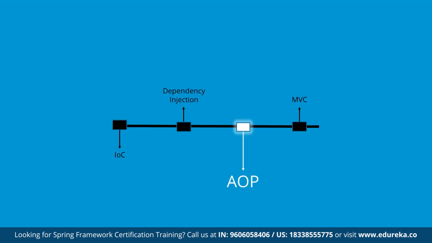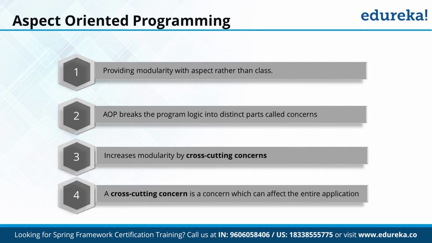Then next is AOP, that's aspect oriented programming. Aspect oriented programming is basically where we implement cross-cutting concerns, right? I'll take up one example of a cross-cutting concern. Consider that we logged on to Amazon and we want to look at a product. So I search for an iPhone.